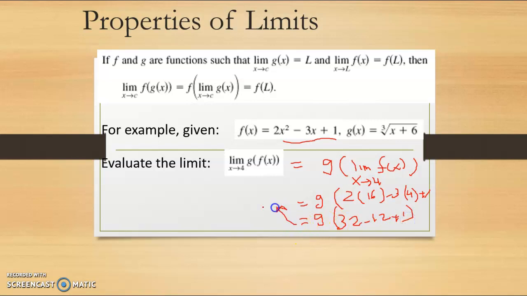So this equals g of 32 minus 12 is 20, 20 plus 1 is 21. Then go and apply g of 21 into this function and get the solution for that.